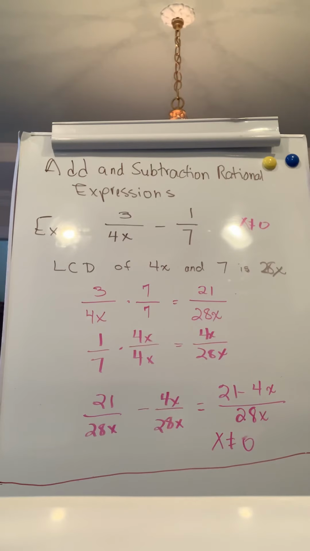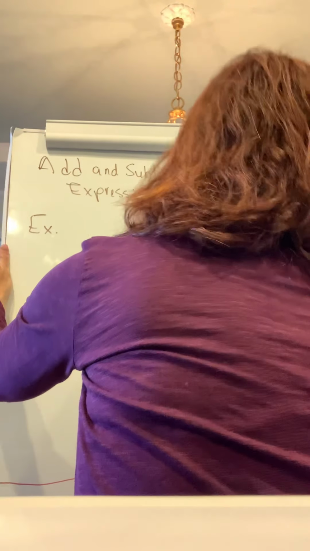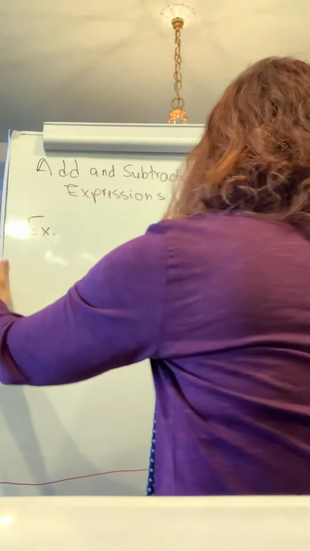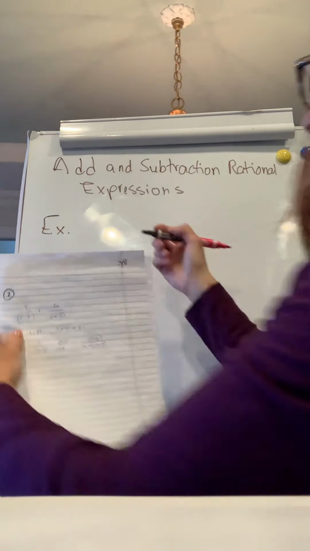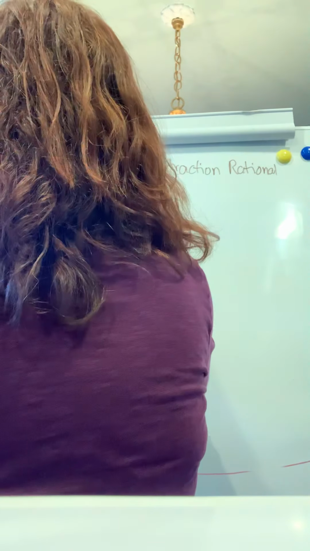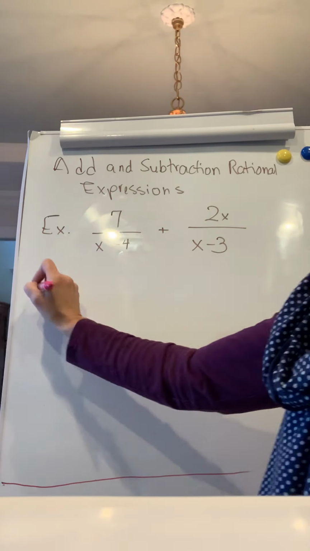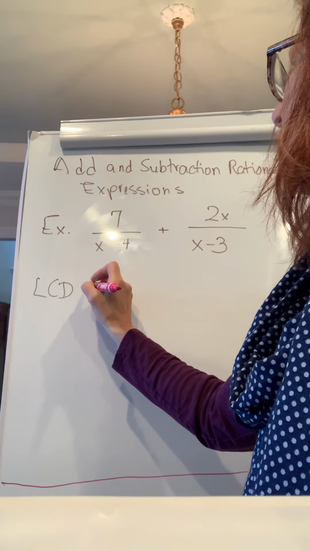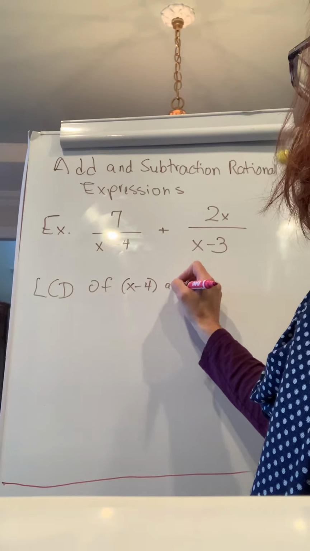All right, let's look at another example. All right, so we need to find the least common denominator of x minus 4 and x minus 3.